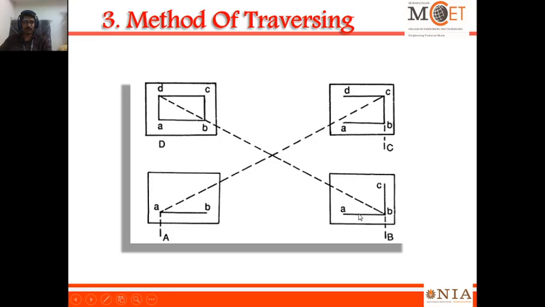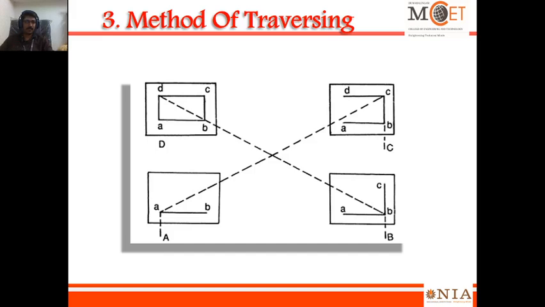Sighting towards A, the table has to be rotated and clamped properly. Then, keeping the alidade at the point small b and sighting the ranging rod at C, draw a line with the measured distance BC to a proper scale.